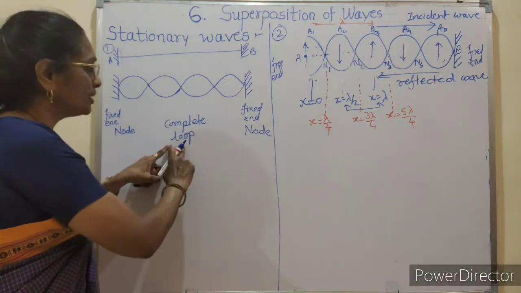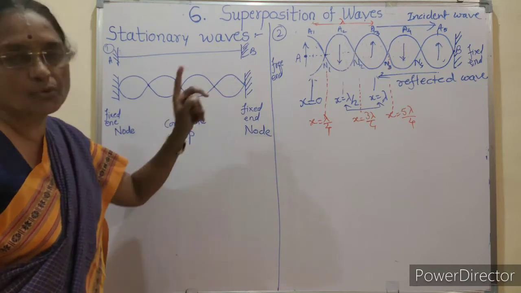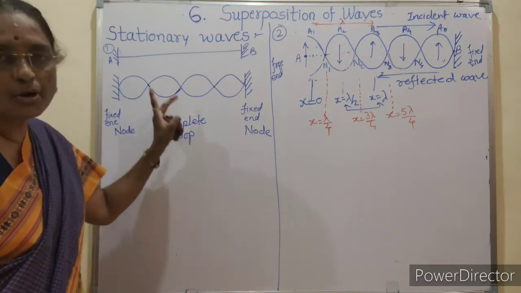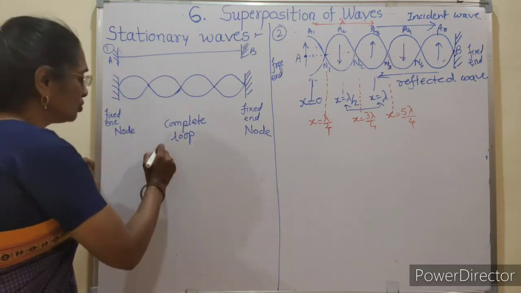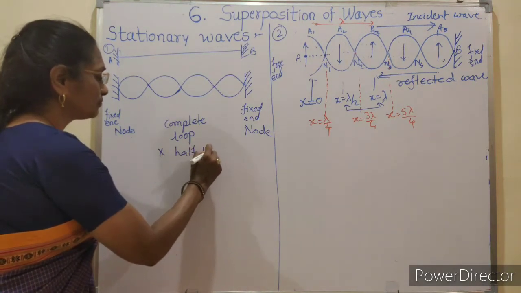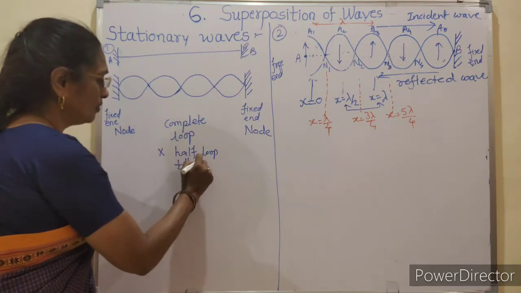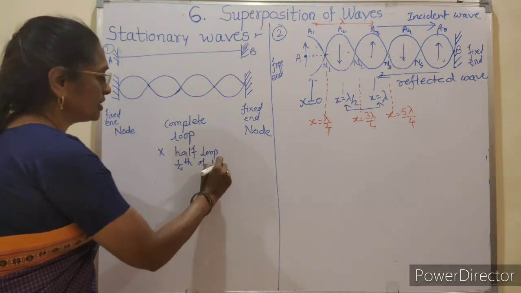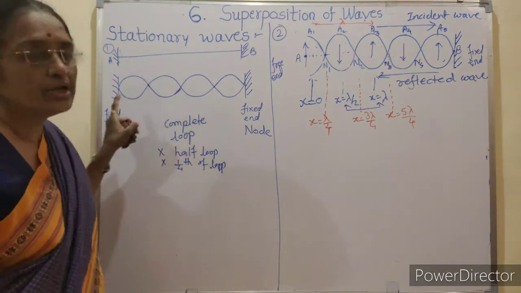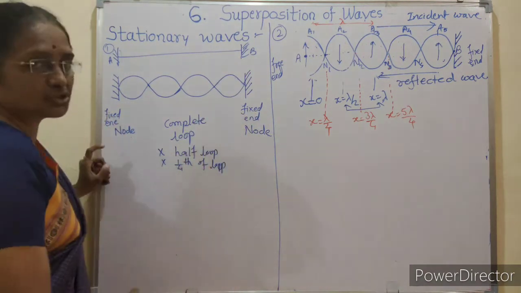These loops are complete loops. We count it as 1, 2, 3, 4 like this. Integral number of loops are formed. There is no formation of half loop or 1/4 of loop. Such formation is not observed in case of a stretched string between two fixed ends or fixed points.